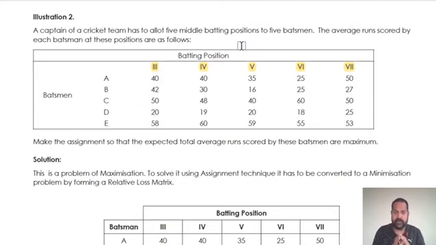Well, obviously good runs. Runs is a maximization objective. More is better. So is the question a minimization or a maximization objective? Will you send a batsman to a position so that the total runs scored is minimum or maximum? Obviously maximum.